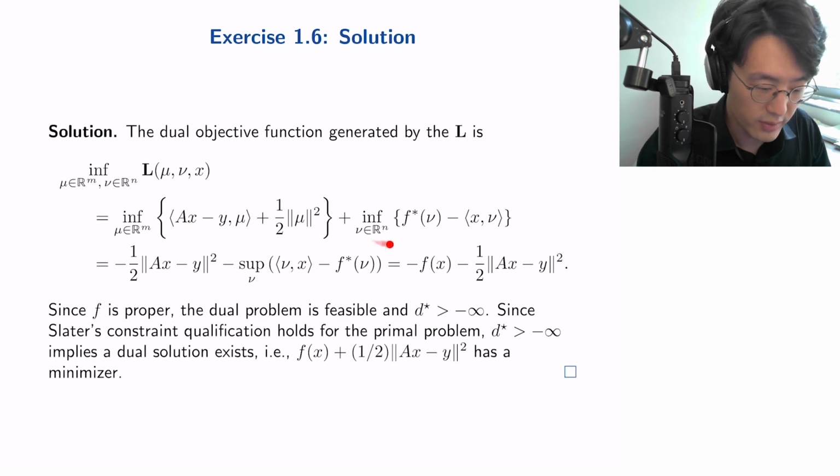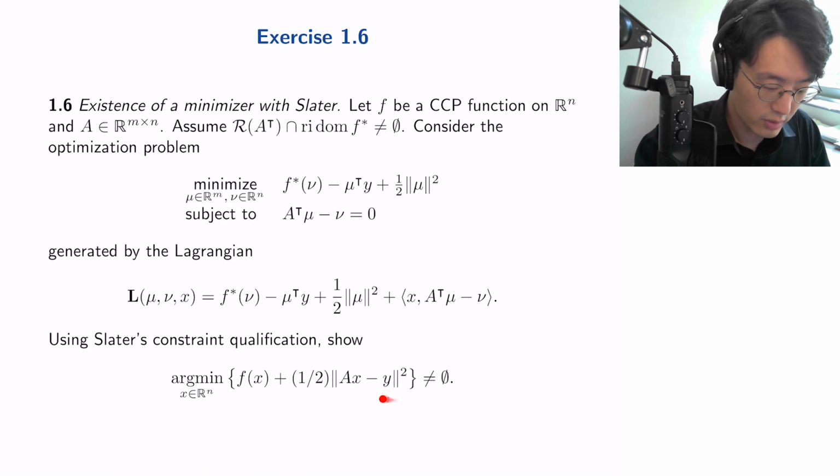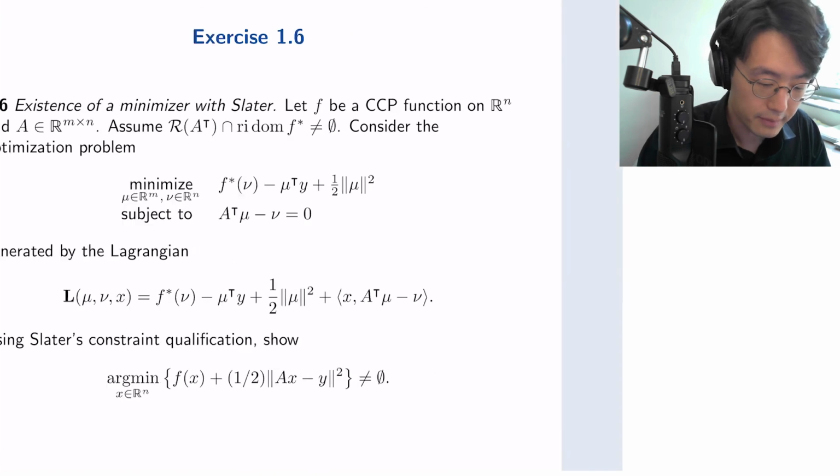We perform this minimization with respect to nu to get the conjugate of f star, which is equal to f because when f is CCP, f star star is equal to f. So this minimization becomes this supremum, and that becomes equal to minus f minus 1 over 2 ||Ax - y||^2. So we have the sign difference because the dual problem is a maximization problem, but we recovered this minimization problem for which we want to show the existence of a minimizer.